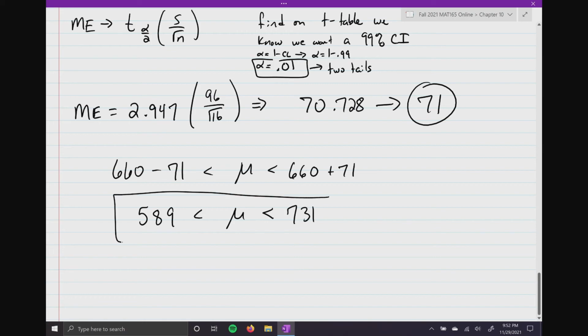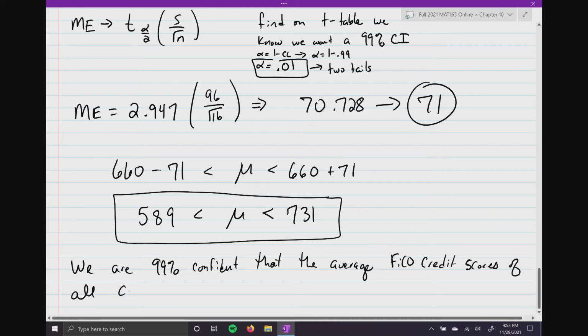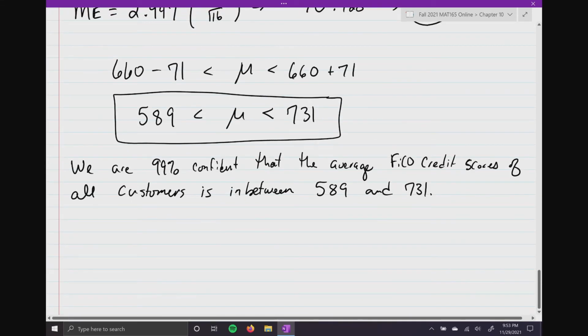So right here, we can say we are 99% confident that the average FICO credit scores of all customers is in between 589 and 731.